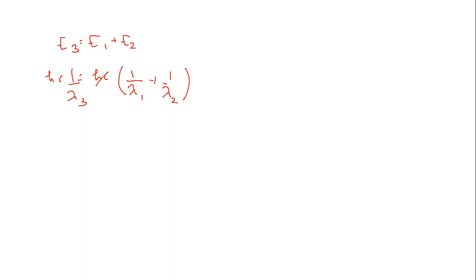And then what we did was we cancelled these two, and also 1 upon lambda 3 is equal to 1 upon lambda 1 plus 1 upon lambda 2.